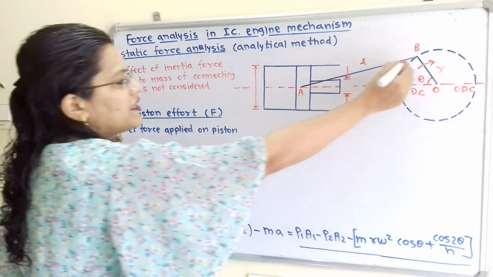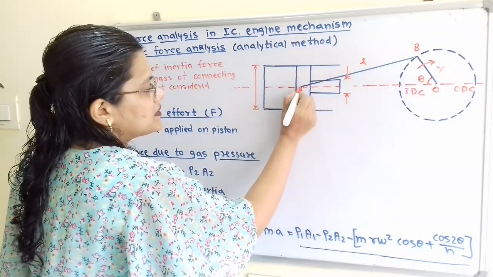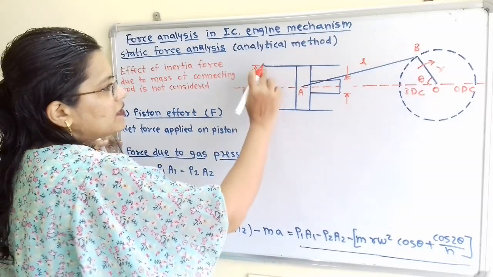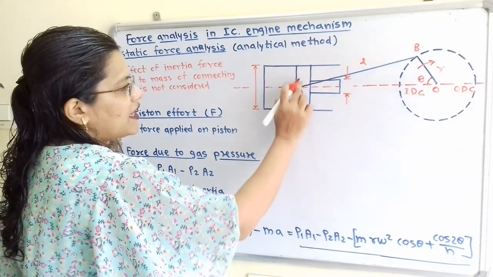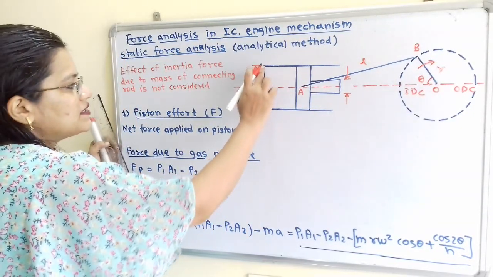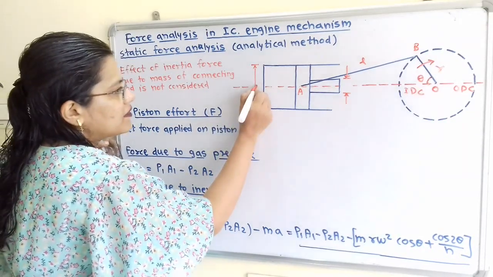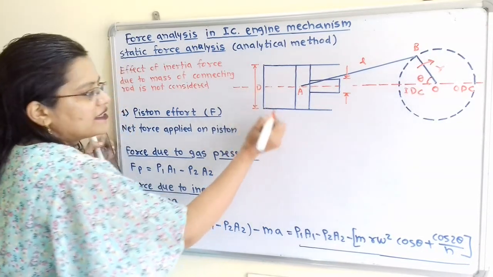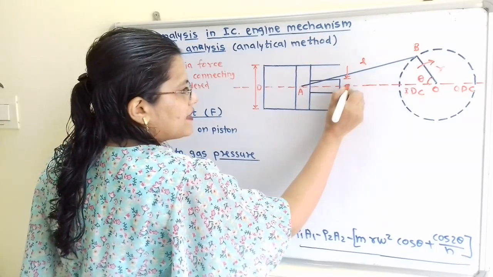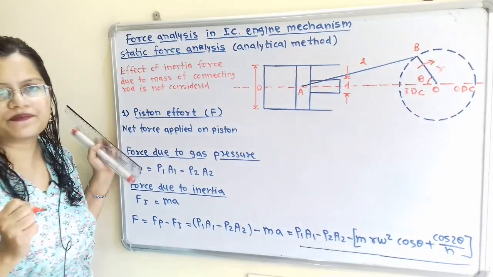Now this connecting rod is connected to the piston at this point A. Now here this is the cylinder and piston arrangement. This cylinder is having diameter capital D and this piston rod is having diameter small d.